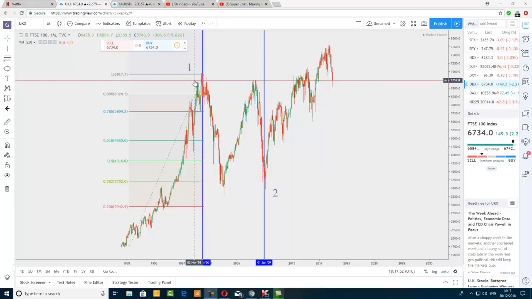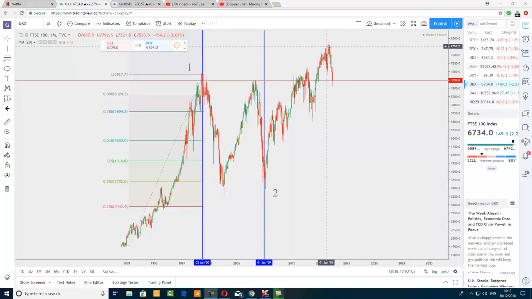In fact, it's a general rule for impulse waves, talking about the third and the fifth wave. So here, if we are calling this a third wave, apart from the 161.8% verification that I've already mentioned, the first verification, or the most important verification that we must do: did it go above the 138.2% Fibonacci extension level of the first wave?